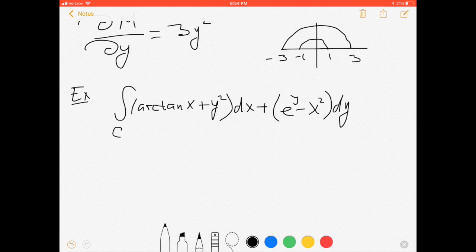This means what you have here, and this is your orientation.